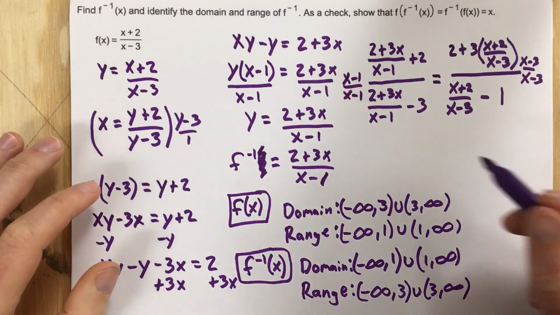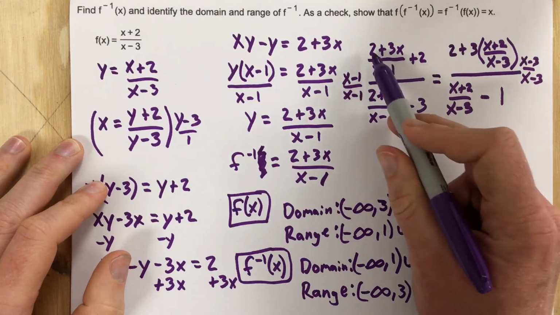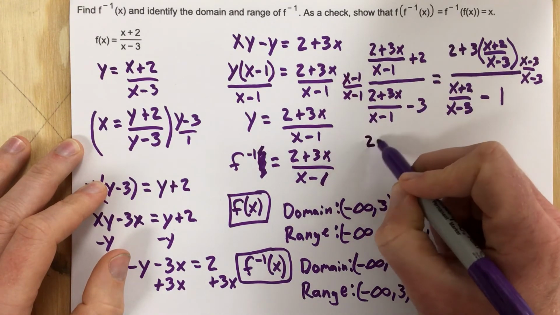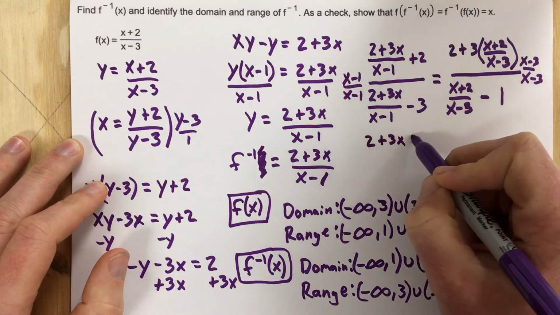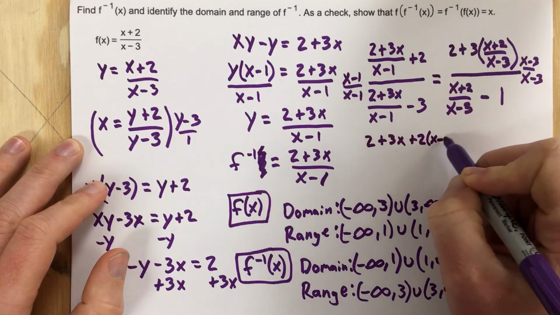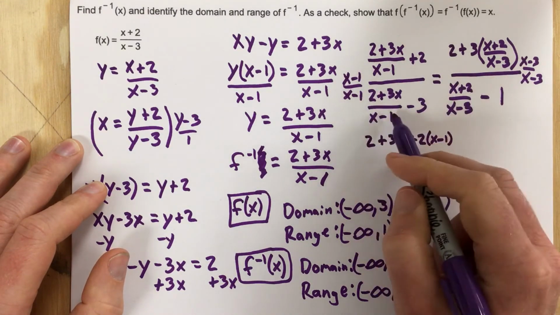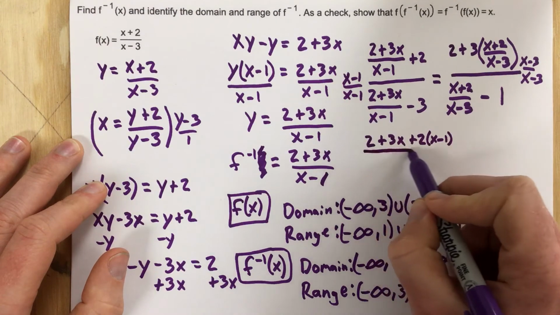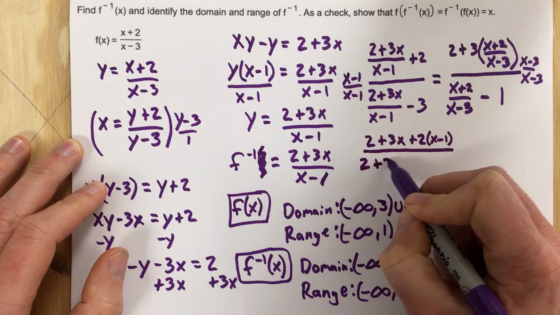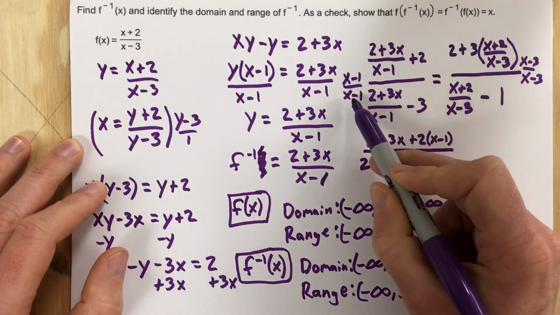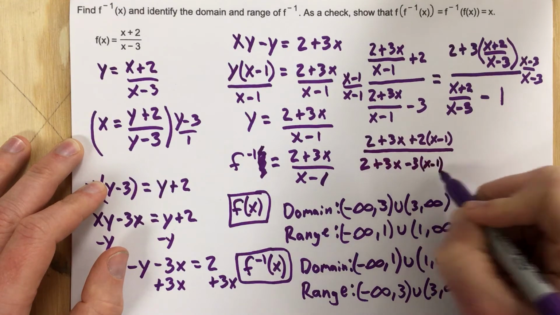So when I multiply, this denominator is going to cancel, because I get 2 plus 3x, and then I end up with plus 2 times x minus 1, because I distribute the x minus 1 to the top term. On the bottom, that same thing occurs, so I get over this cancels, I get 2 plus 3x minus 3 times x minus 1.